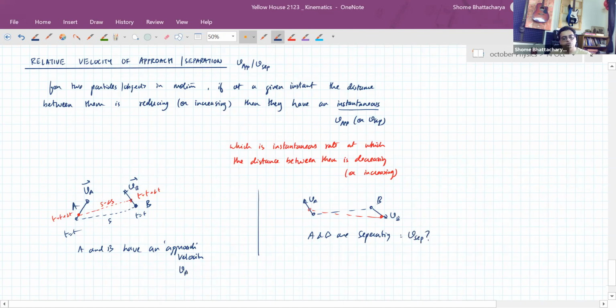Here they have some approach velocity. The next thing is to be able to calculate the approach or separation velocity given the individual velocities. So just make a note of this definition first, then with a series of examples, we will develop the formula to calculate it.